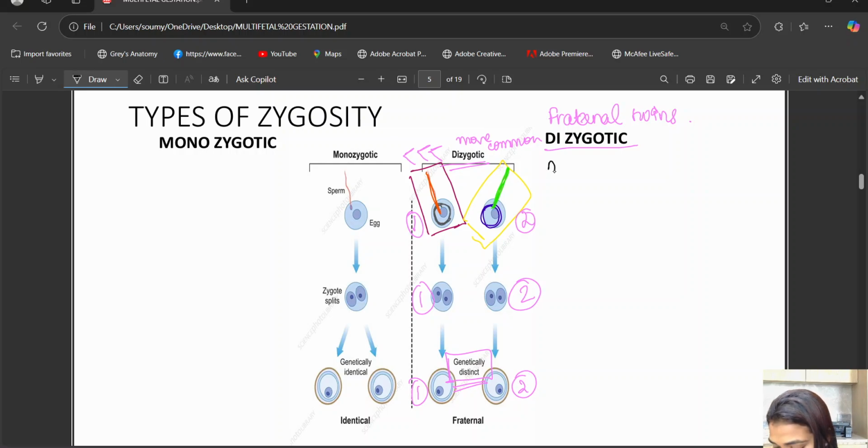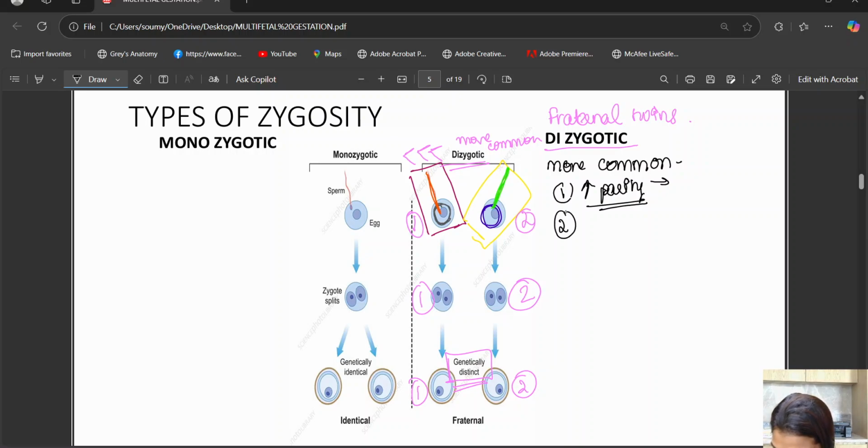Now, dizygotic twins are more common in mothers who have increased parity, higher parity, which means mothers who are pregnant for the third or the fourth or the fifth time as compared to mothers who are pregnant for the first or the second time. So as the mother's parity increases, the propensity for having these twins increases.